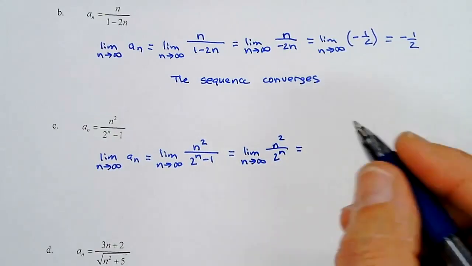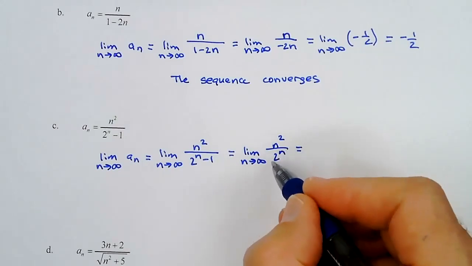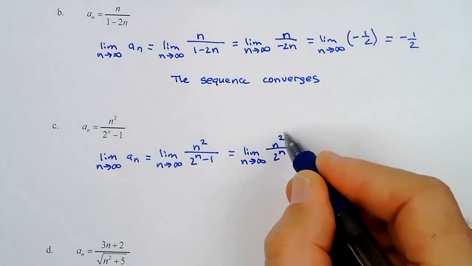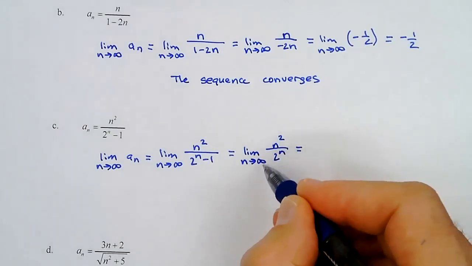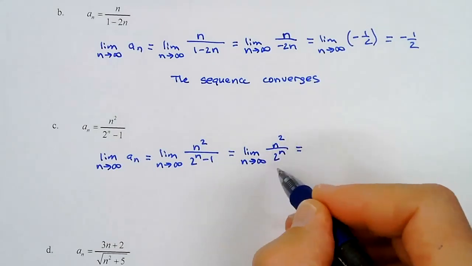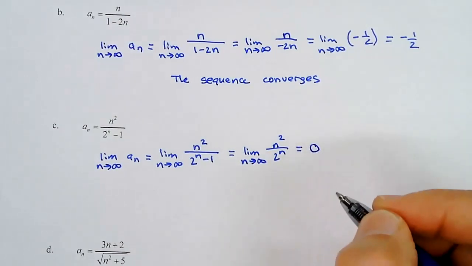Okay, so we also have to realize which one of these types of functions grows faster, and it's exponentials. This is an exponential, and exponentials will always grow faster than power functions like n squared. So that means the denominator is going to get way bigger, so this is getting closer and closer to 0.